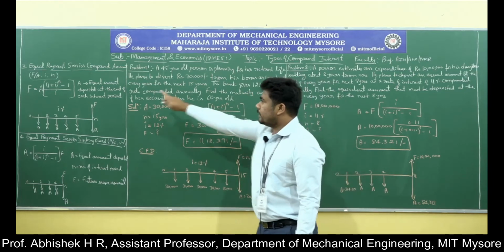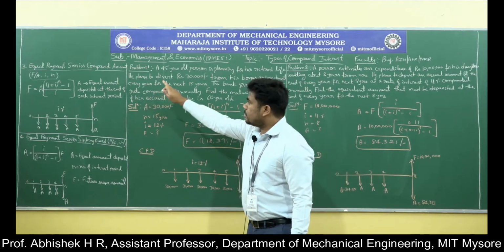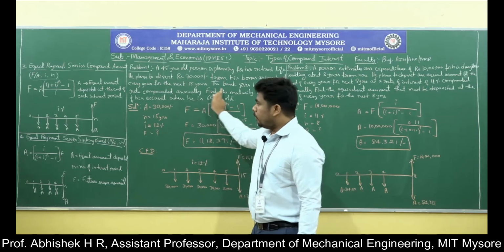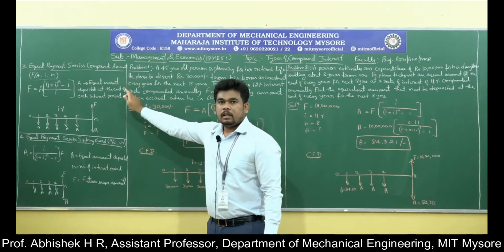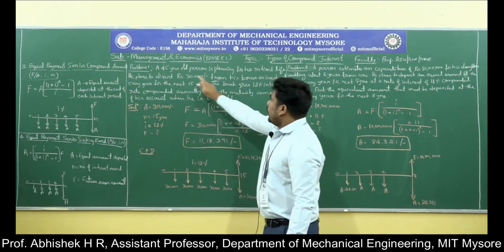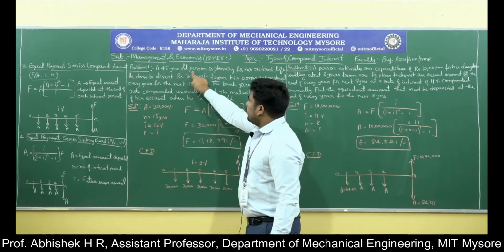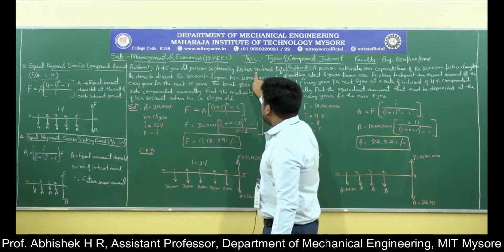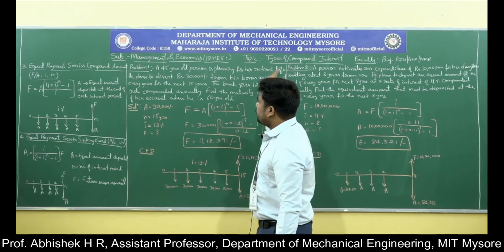Problem on the third type, equal payment series compound amount. A 45-year-old person is planning for his retired life.